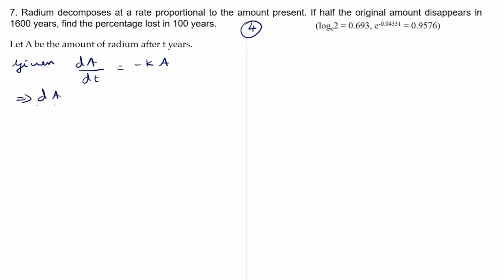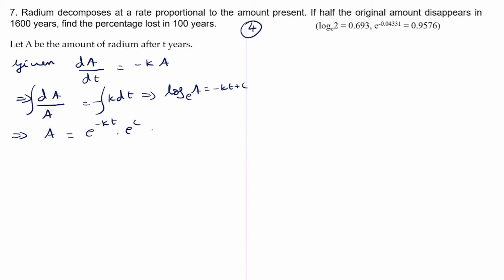From this we get dA by A equal to minus k dt. Let us integrate both sides. We get log A to the base e equal to minus kt plus C. Or by definition of logarithm, A is equal to e raised to minus kt into e raised to C. Or we have A equal to A naught into e raised to minus kt. So this is the model.